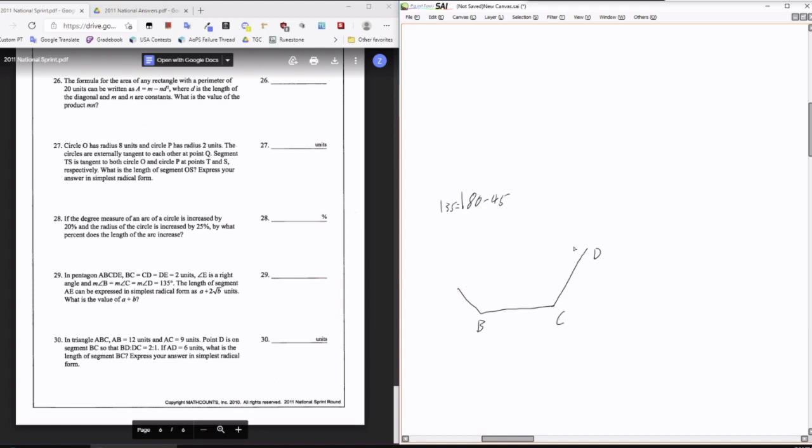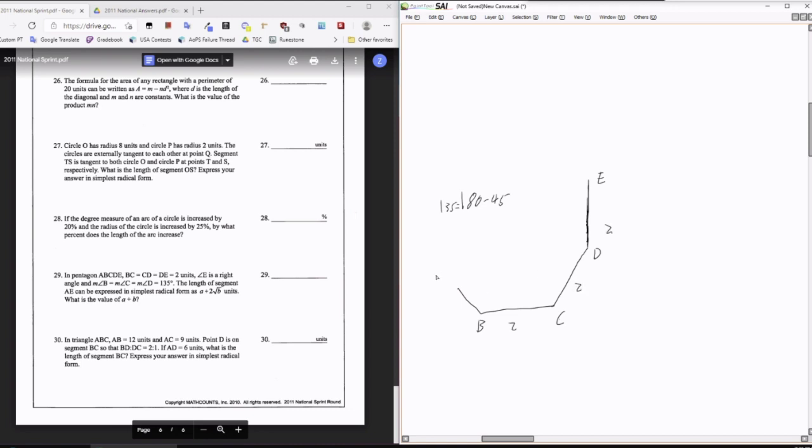Angle D is also 135. So if you think about it, this is 45. If we do another 135 turn, it'll actually be vertical like this. E will be here.